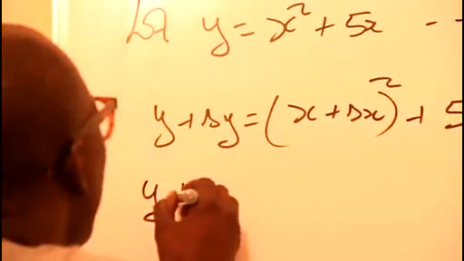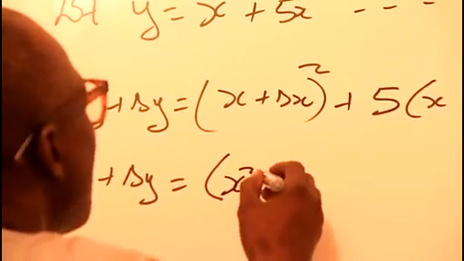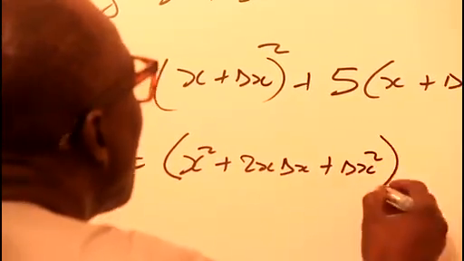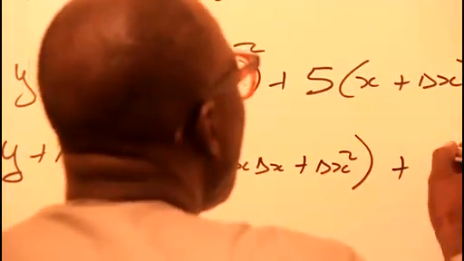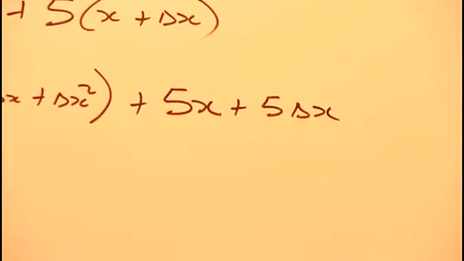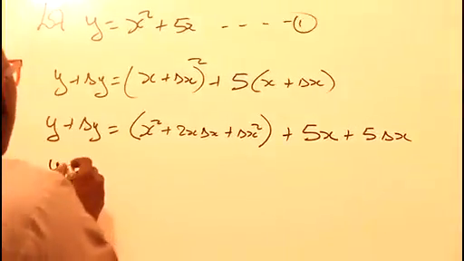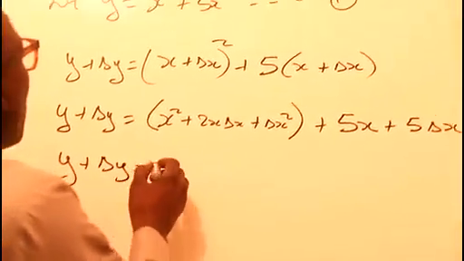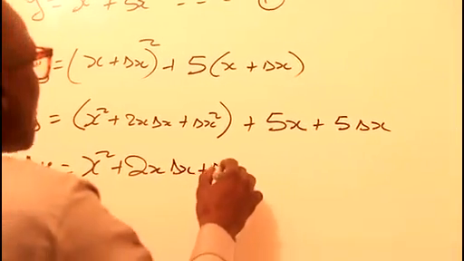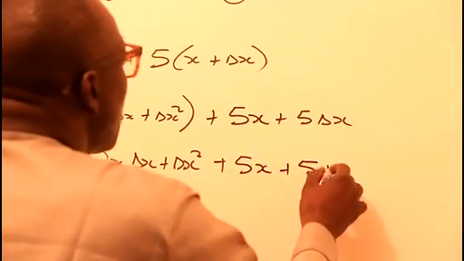I'll have y plus change in y being equal to x squared plus 2x change in x plus change in x all squared, then plus, opening this, 5x plus 5 change in x. Simplifying further, y plus change in y will be equal to x squared plus 2x change in x plus change in x all squared plus 5x plus 5 change in x.